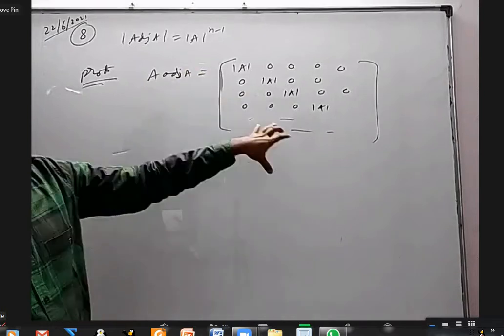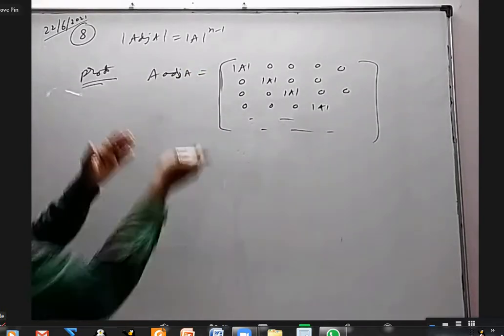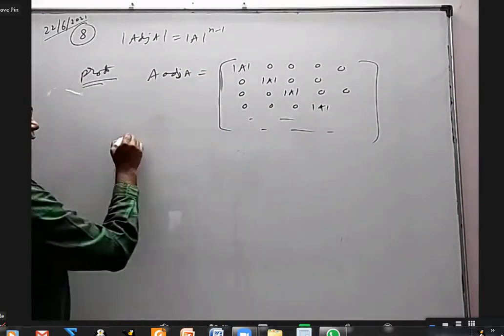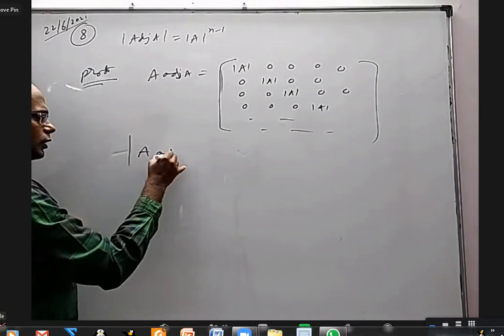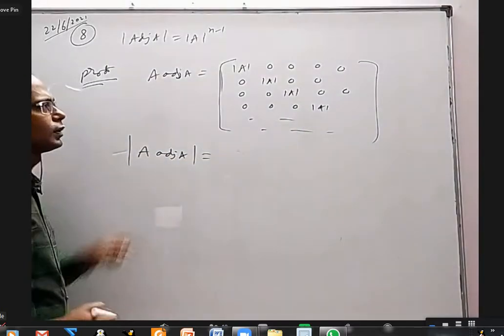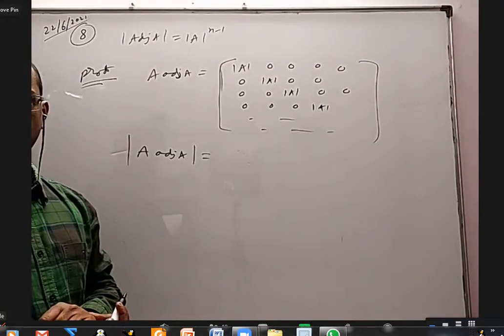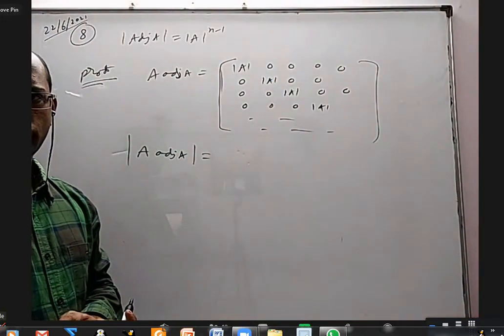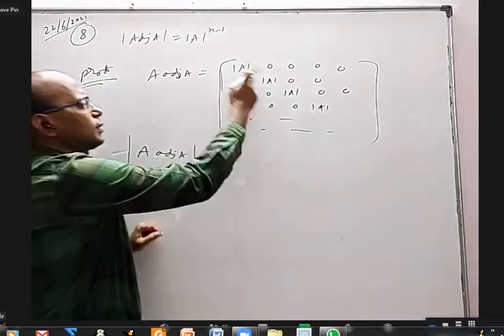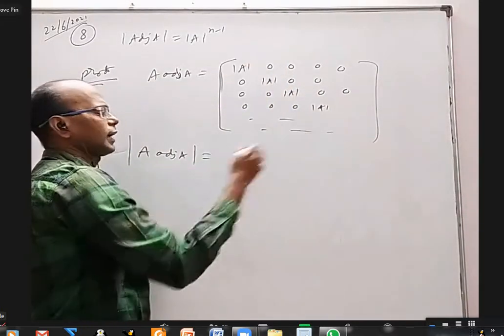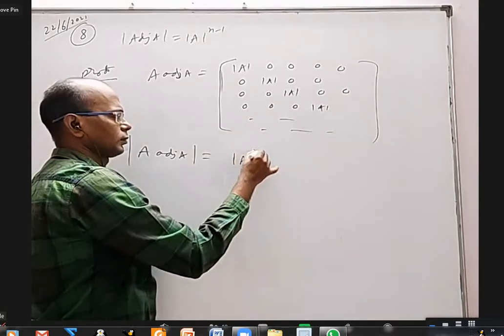If two matrices are equal, their determinants are also equal. So let us take this determinant equal to this determinant. Det of A into adjoint A. What is the determinant of this? Sir, it is the product of all the diagonal elements, det A to power n.